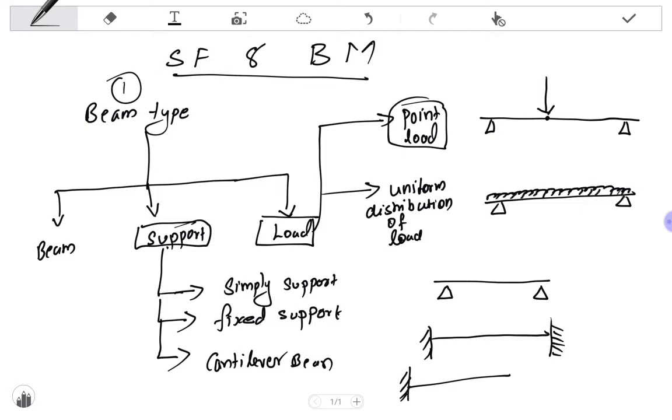That kind of beam is called a uniformly distributed load beam. These are the terms you should understand as we proceed further: what is simply support, fixed support, cantilever, point load, and uniform distribution of load.